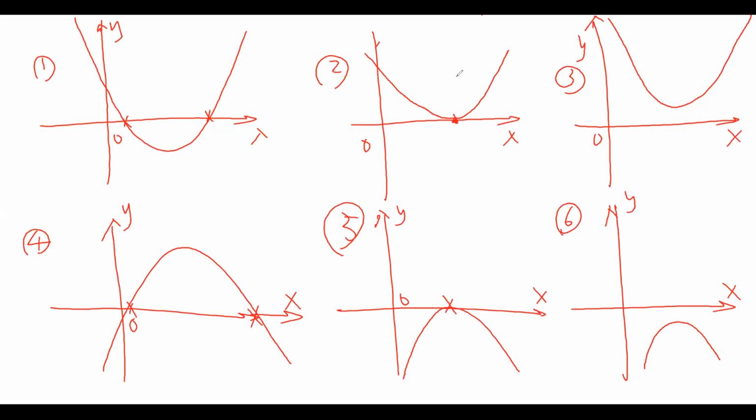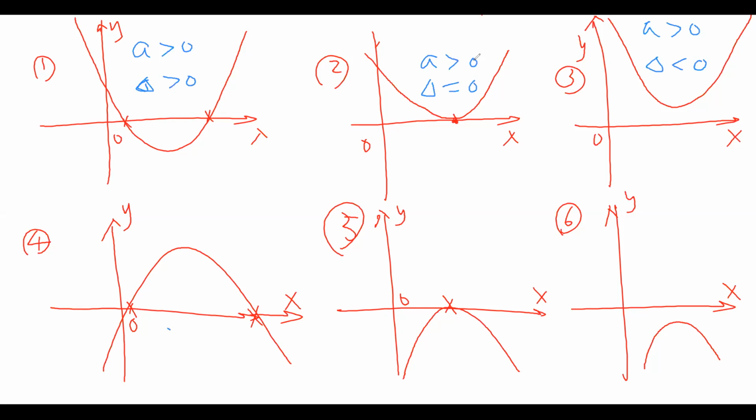What is special here? This one must open up, a greater than 0, and has 2 x-intercepts, so the discriminant is greater than 0. This one has 1 intercept, which means the discriminant equals 0. This one has no x-intercept, so the discriminant is less than 0.